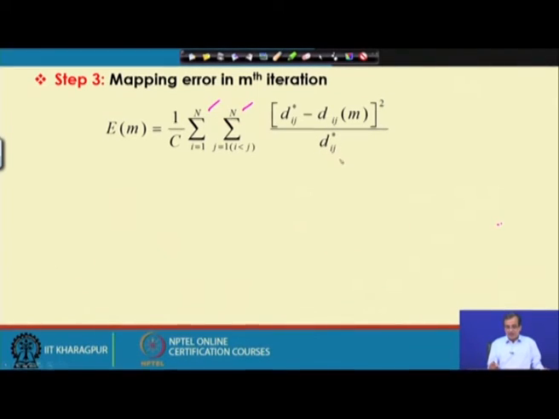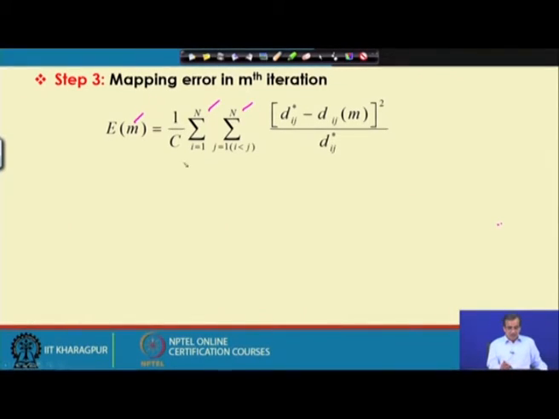The d_ij star is the known Euclidean distance in the higher dimension. This is the way Sammon represented the error in mapping at the mth iteration.